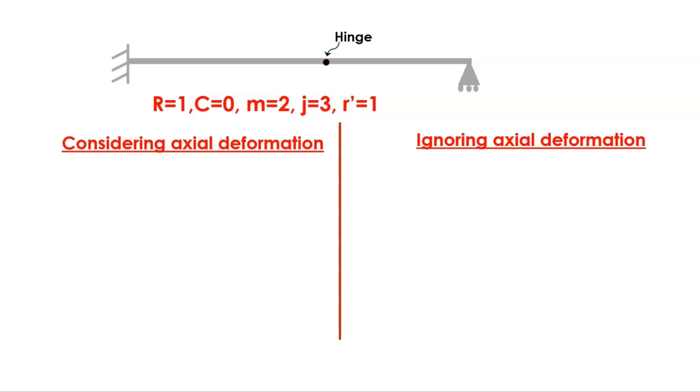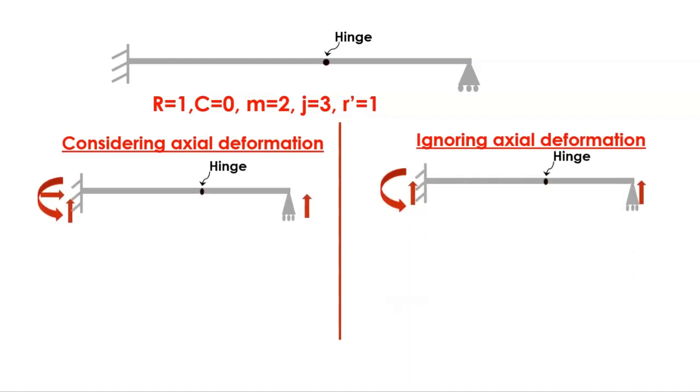Now considering axial deformation and ignoring axial deformation, we know that a fixed support has 3 reactions and a roller support has 1 reaction in the case of axial deformation, and when we ignore it, the fixed support has 2 and a roller has 1. The total number of reactions in the first case is 3 plus 1, that is 4, and in the second case it is 3.